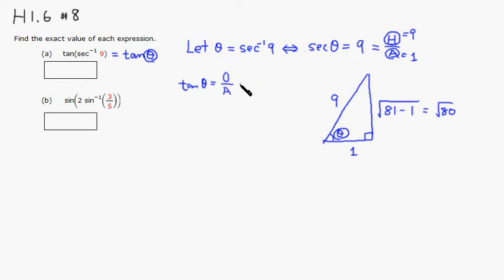Opposite is the square root of 80 according to this right triangle, and adjacent is 1. So the answer would be the square root of 80. You can rewrite the square root of 80, but the system should take that. If not, let me know.